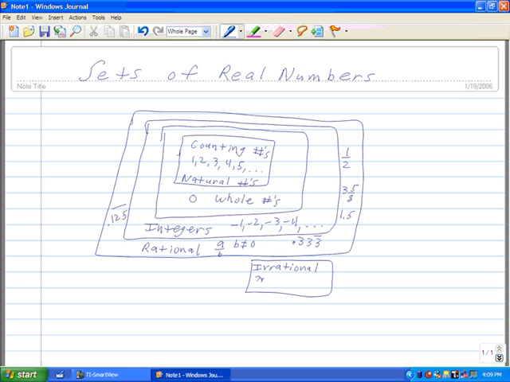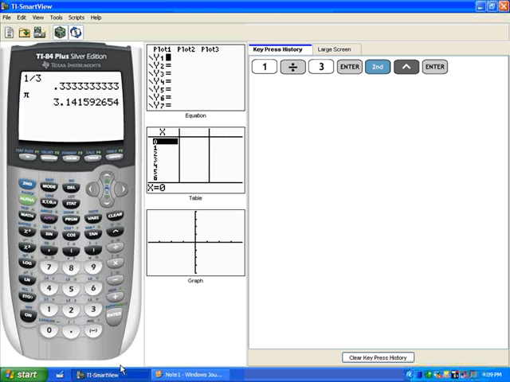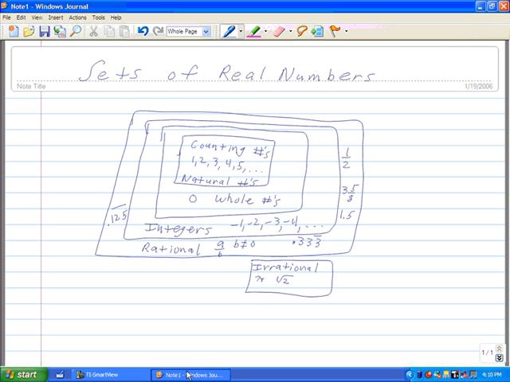Another common way to come up with irrational numbers is to take the square root of anything that's not a perfect square. For example, the square root of 2 is an irrational number. When you pull it up on the calculator, you will find that you get a decimal that again goes on forever but has no pattern to it of any kind.